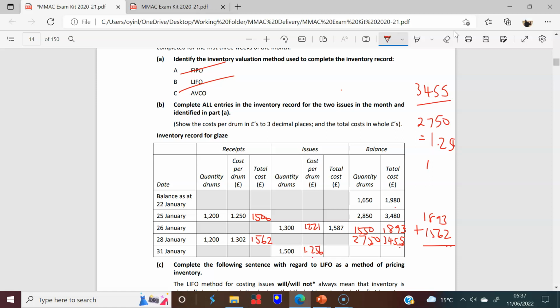You issue out 1,500, then you have a total here of 1,885, which means you're left with stock of 2,750 minus 1,500, which is 1,250 units, and the rest of the value as well: 3,455 minus 1,885, which is 1,570.